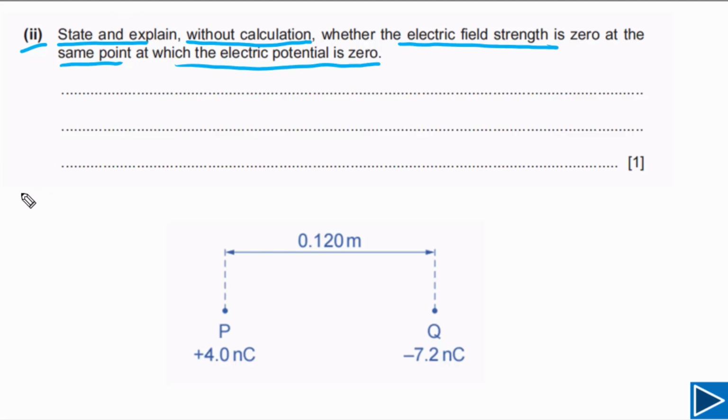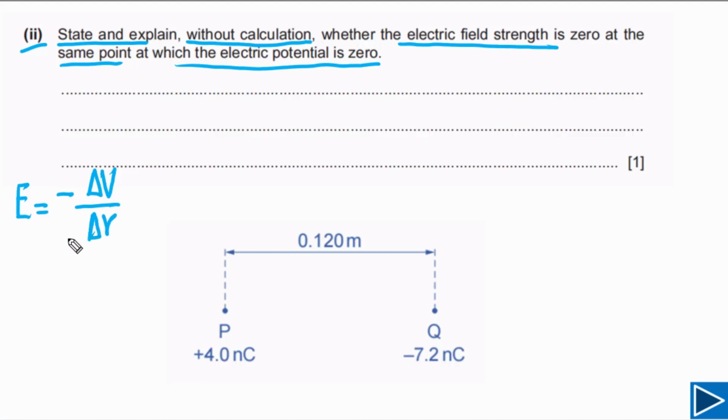So first of all, let's try to understand the relationship between electric field and potential. Electric field is equal to the negative of the potential gradient, so simply E is equal to negative delta V over delta R, where R is the distance.